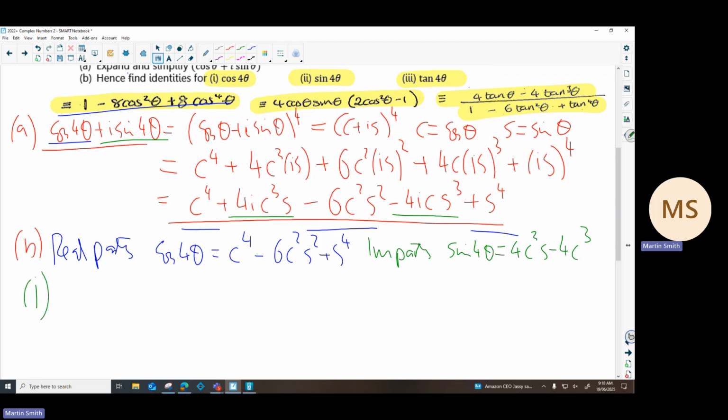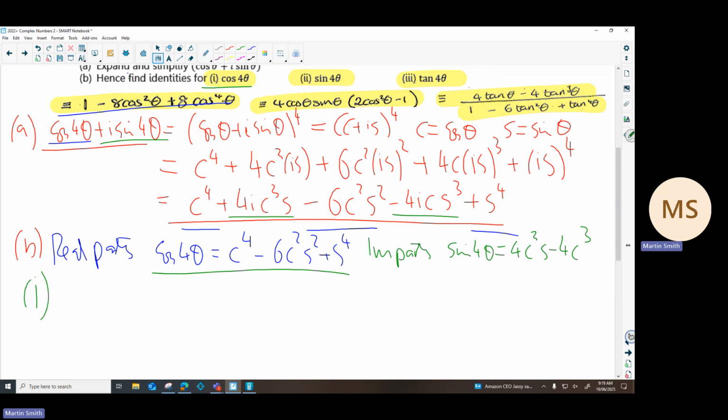Let me now get these two identities. So the first one I want to prove is the identity for cos 4 theta, which is given here. I already have this formula for cos 4 theta that I have deduced here. The answer which I'm trying to turn it into only involves cos, c, whereas this current expression has got both cos and sine. But that's okay because we can connect cos squared and sine squared, because sine squared is 1 minus cos squared.